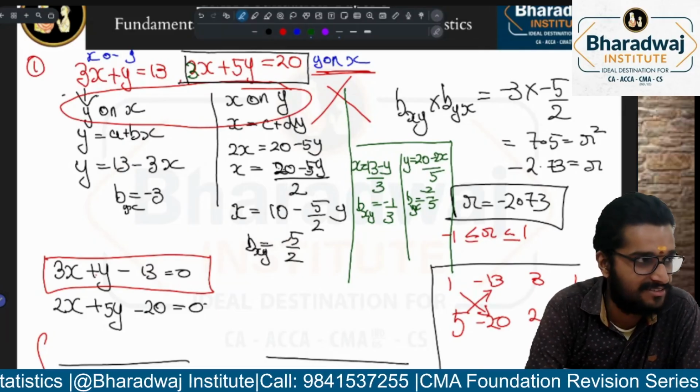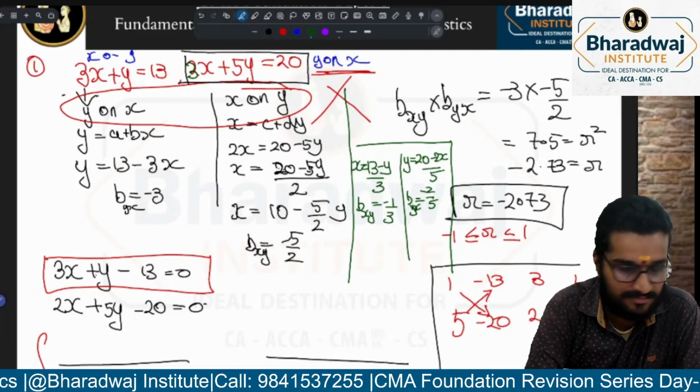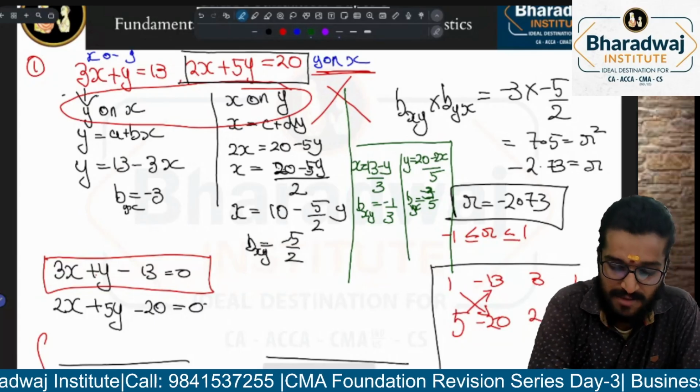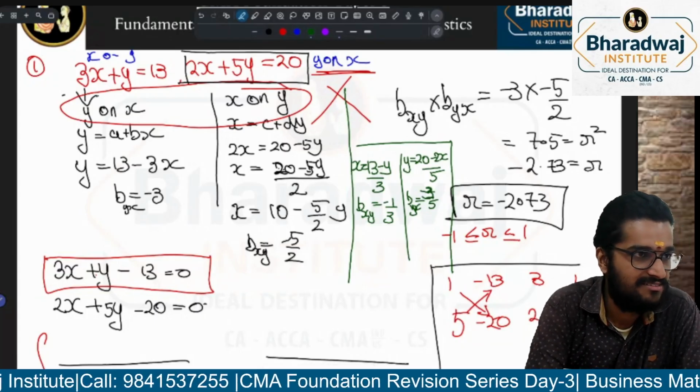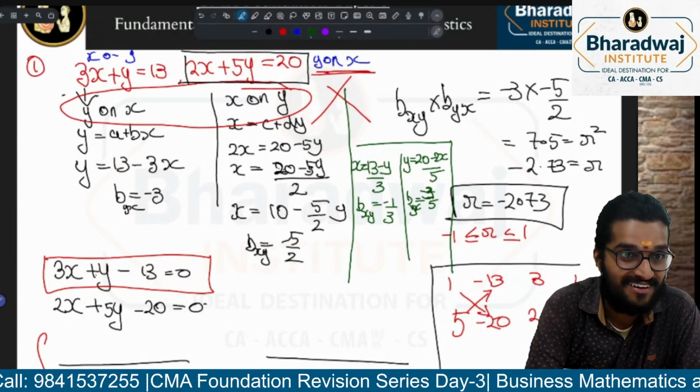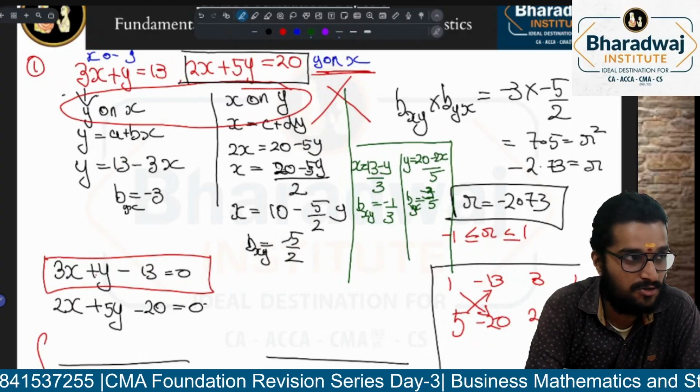Technically, it should be 3x. It's not 2x, it should be 3x. So it will be minus 3 by 5. 3 will get cancelled. Root of minus 1 by 5. Yeah, minus into minus is plus. So root of 1 by 5.